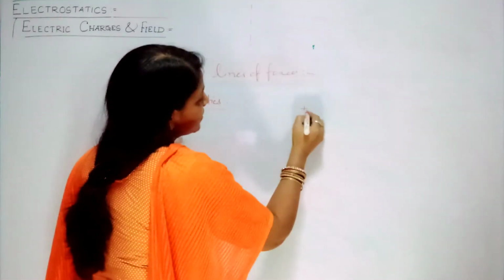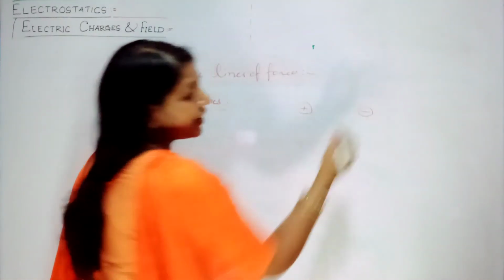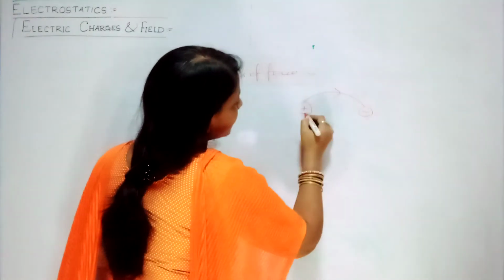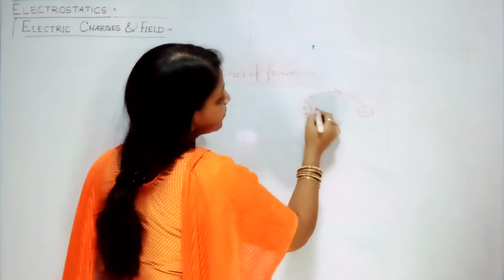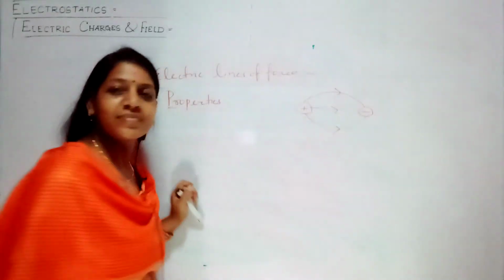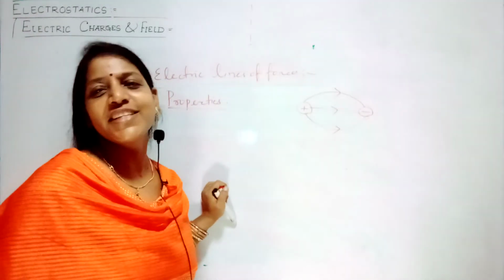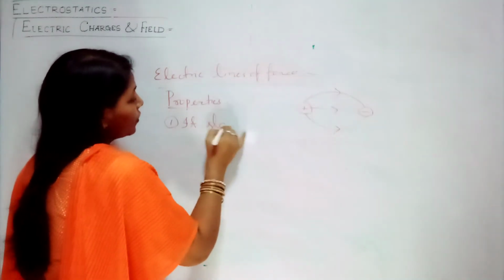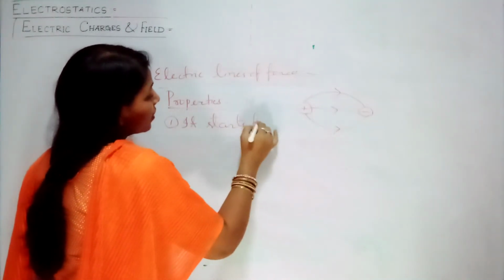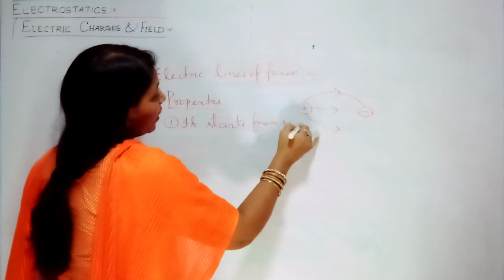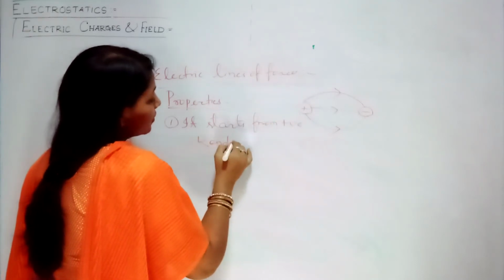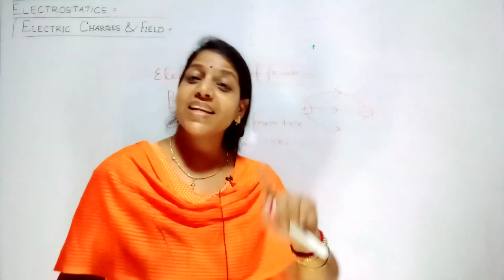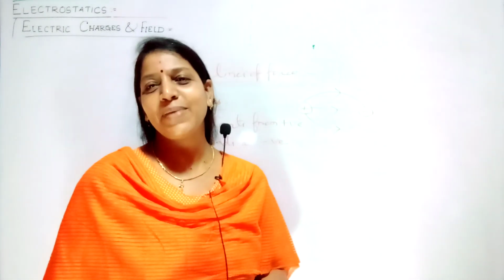For example, there is a positive charge, there is a negative charge. It will always start from positive and end at negative. So that is the first important point. It starts from positive and ends at negative. Now the question will arise, if there is an isolated charge, what will happen?